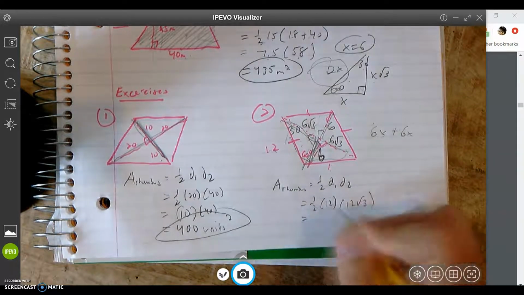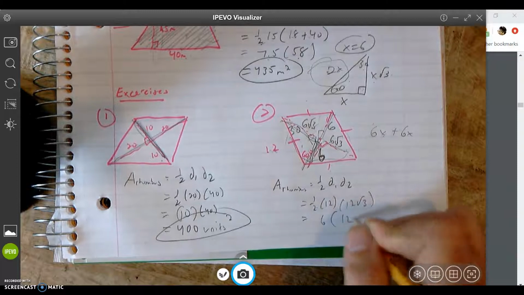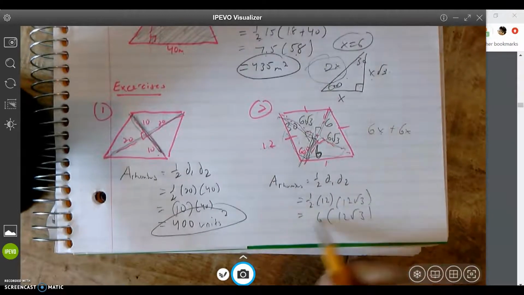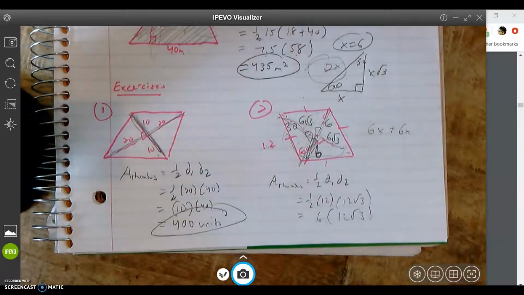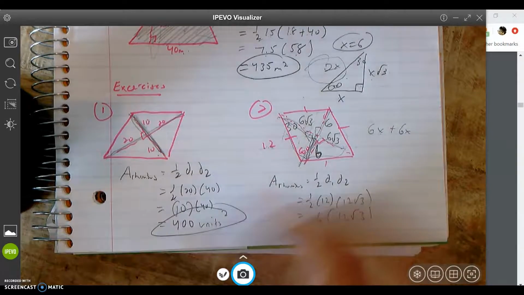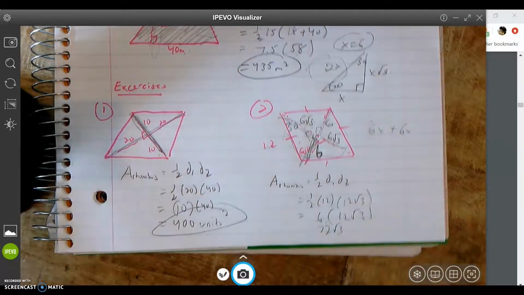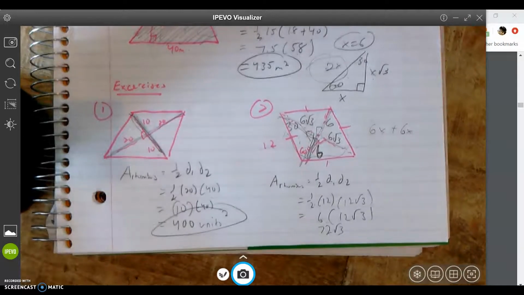So equals 1/2 of 12, which is 6, times 12 radical 3. So you can multiply this and treat it like a variable again if you want. So it's 6 times 12, which is 72 radical 3. So that could be a final answer, or you can just multiply it out.